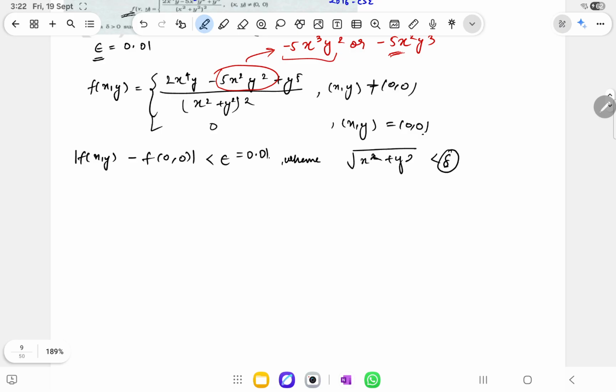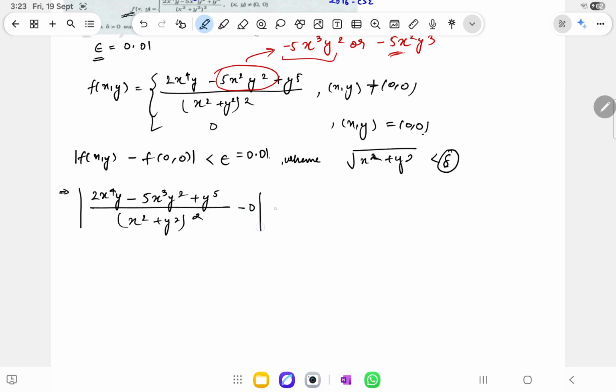We'll get f(x, y) is (2x^4 y minus 5x^3 y^2 plus y^5) divided by (x^2 plus y^2) whole squared, minus f(0, 0), which is 0 only.